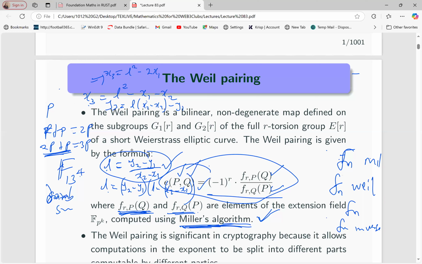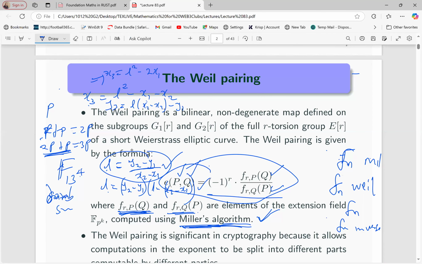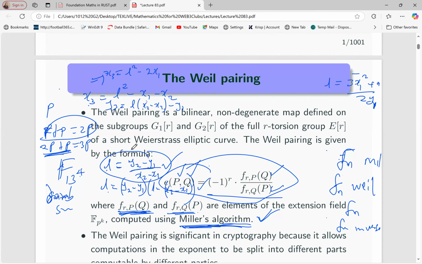So you're giving it all these formulas. And where you're doubling, how do you get the gradient? You're telling it that the gradient will be 3x1 square plus a over 2y1. So you're giving it this formula again for getting gradient in cases where P and P are the same.